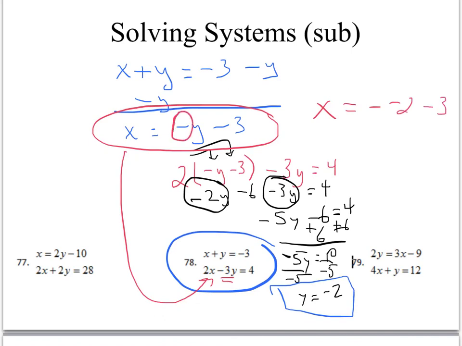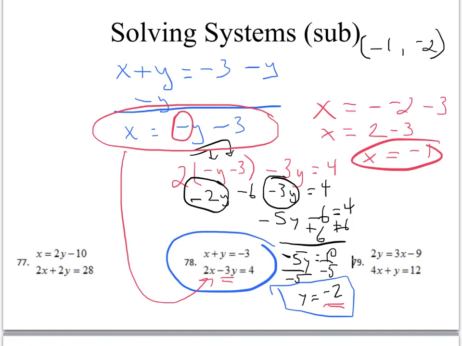Notice there's a negative in front of the y, so it's a minus a -2 minus 3, so x equals +2 minus 3, or x equals -1. And we write our answers here as ordered pairs. So I'm going to write my answer as (-1, -2). That's my final answer.